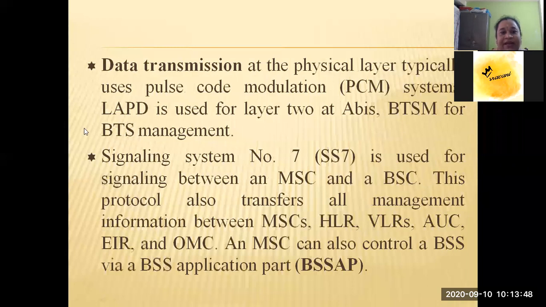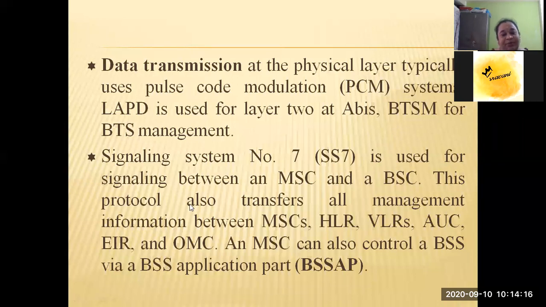Coming to data transmission, we already discussed that it is done at the physical level using pulse code modulation, the A-bis interface, and the BTSM module, that is, base transceiver system management. Here it uses the signaling system SS7 protocol, which signals between the base station controller and the mobile switching center.